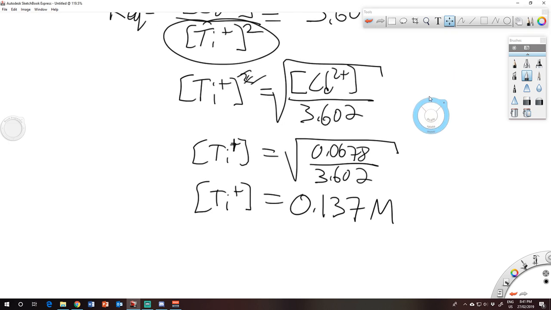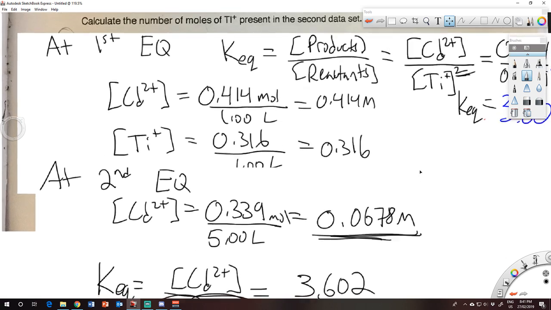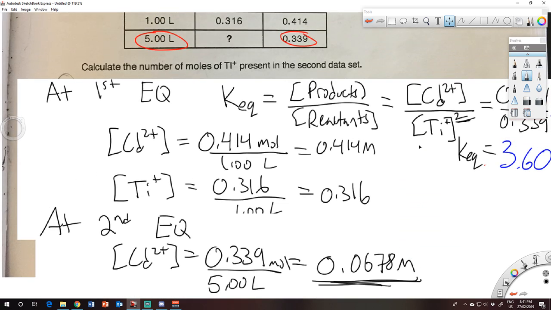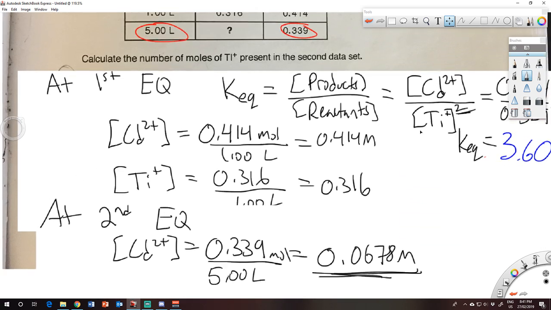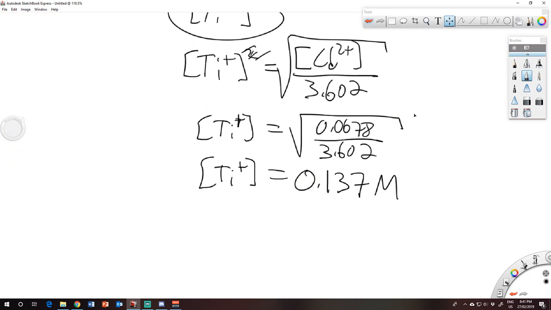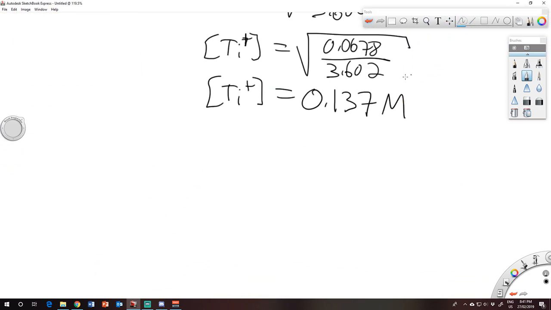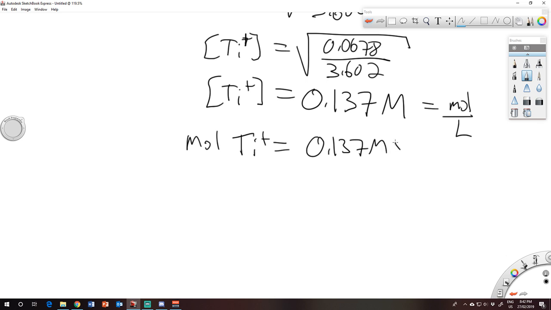Alright, we're not quite done yet though, because the question was asking me to calculate the moles of Ti plus. So I have the concentration. Remembering concentration is moles per liter, I have a 5-liter container, so moles of Ti plus is going to be 0.137 molar times 5 liters.